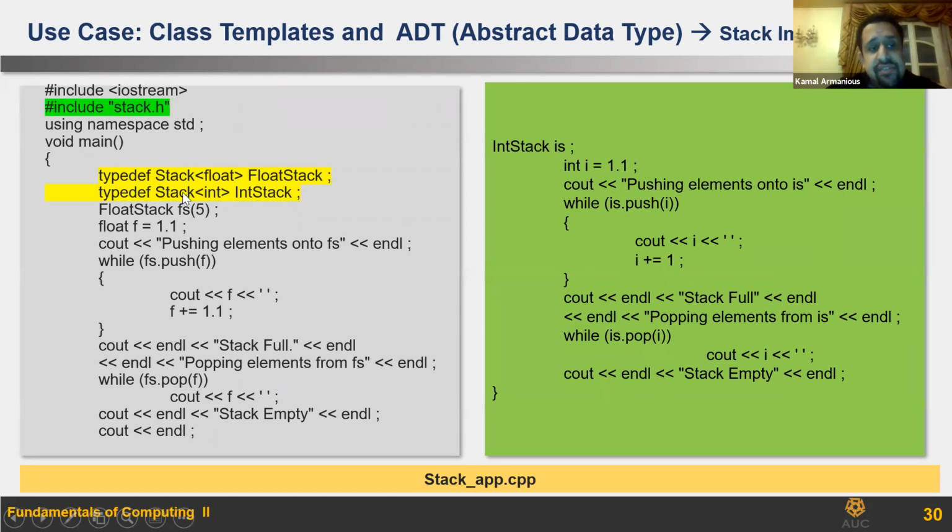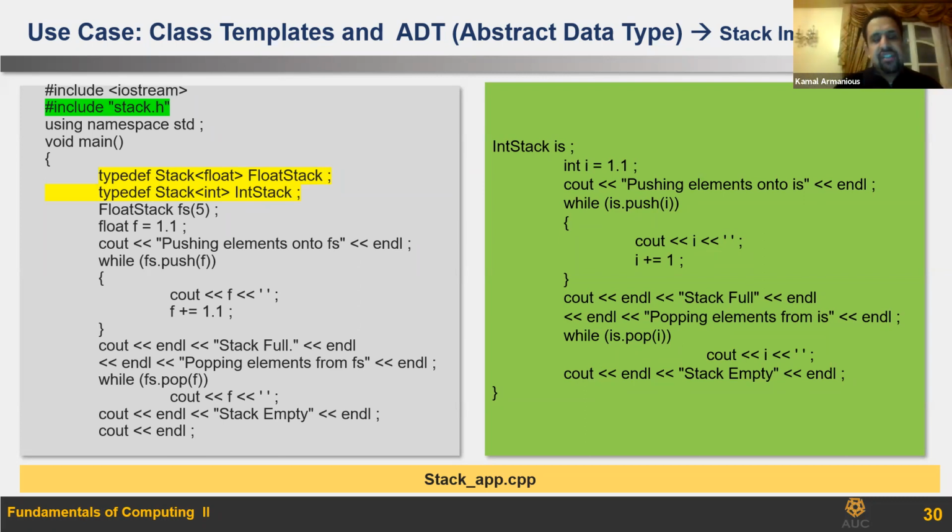Then I define a stack of integer. What does this mean? This means that I have 2 objects. The first object is what's so-called a float stack. I want a stack, consider it an array.